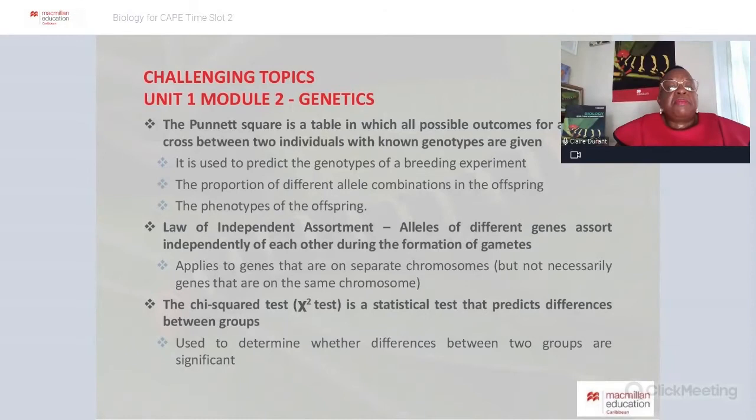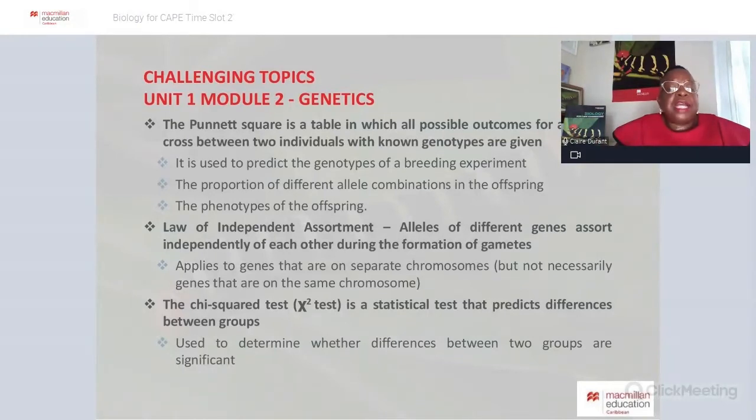The Punnett square shows the proportion of different allele combinations in offspring and the phenotypes of offspring. And for all the ones studying biology, you would know that the law of independent assortment states that alleles of different genes assort independently of each other during the formation of gametes.